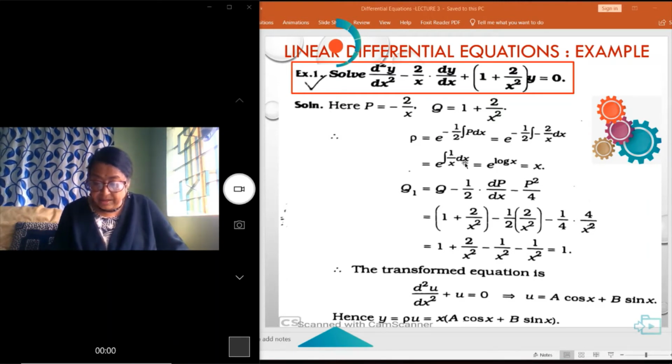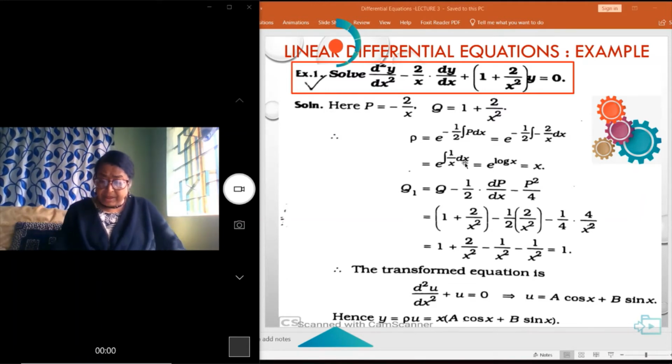And q1 = q - ½ dp/dx - p²/4, which after calculation gives q1 = 1. From the formula d2u/dx² + q1 u = r1, here q1 we calculated is 1, and r1 is 0.